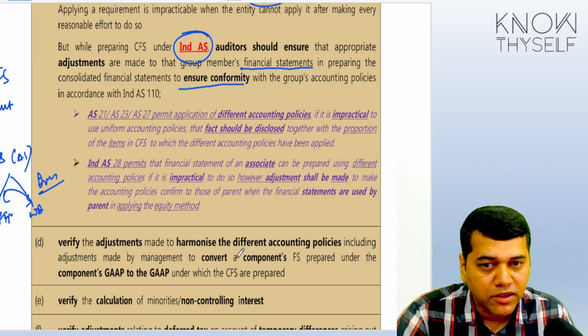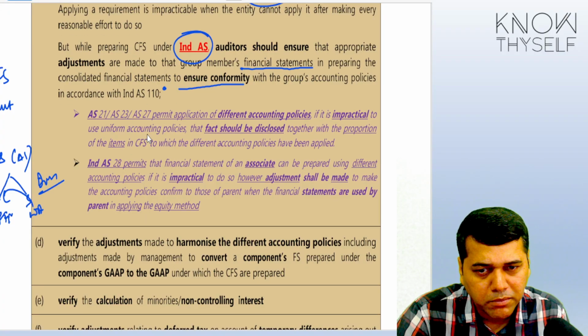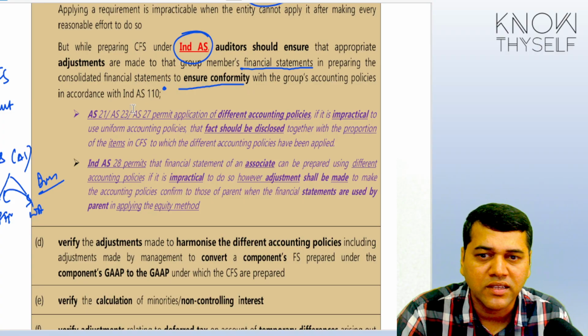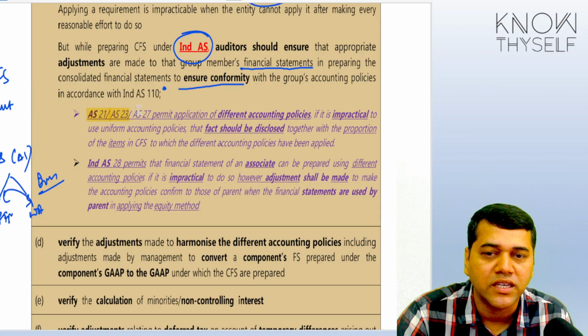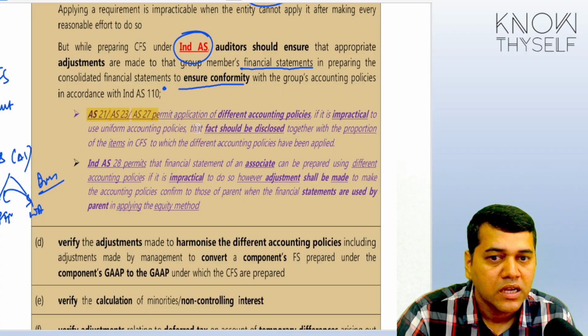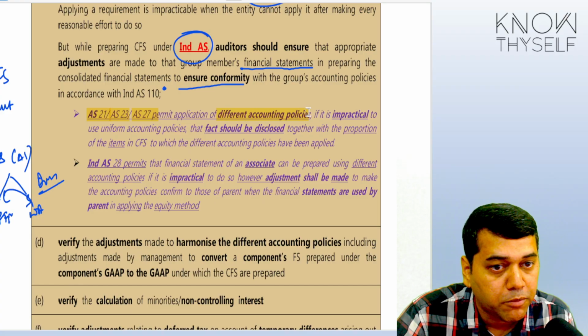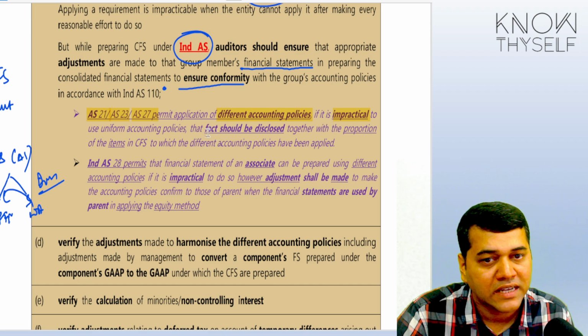Now let us see, they have given some examples here. They say that AS 21, line by line consolidation, AS 23, associates, and AS 27, joint ventures, permit the application of different policies if it is impracticable to use uniform policies, and the fact should be disclosed.